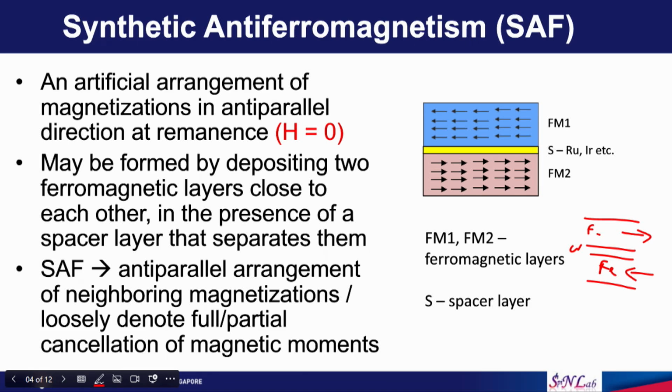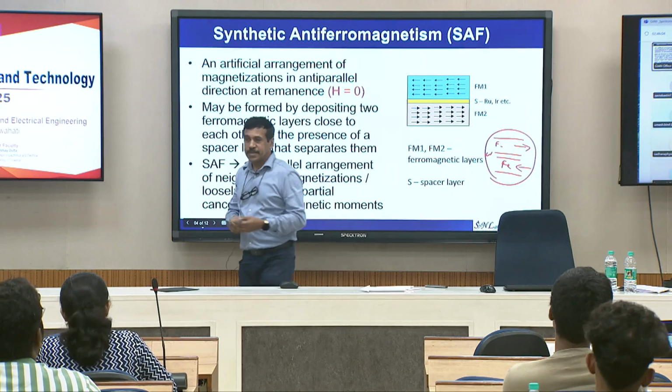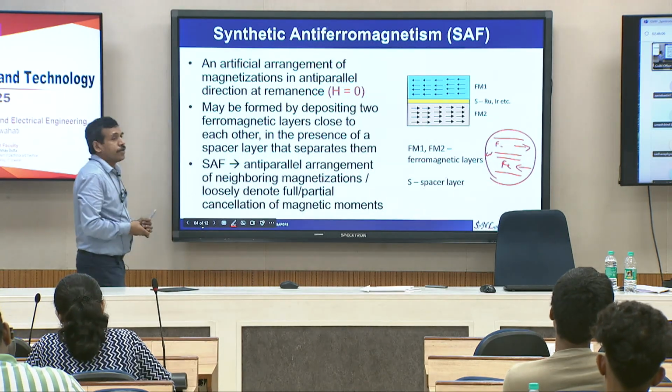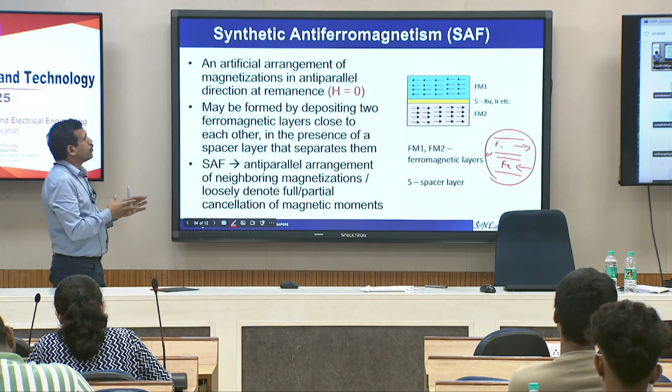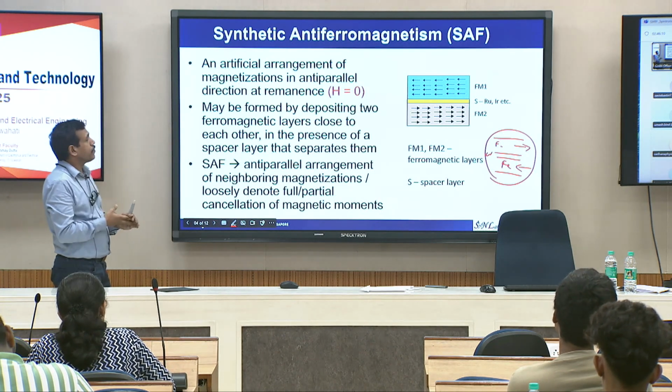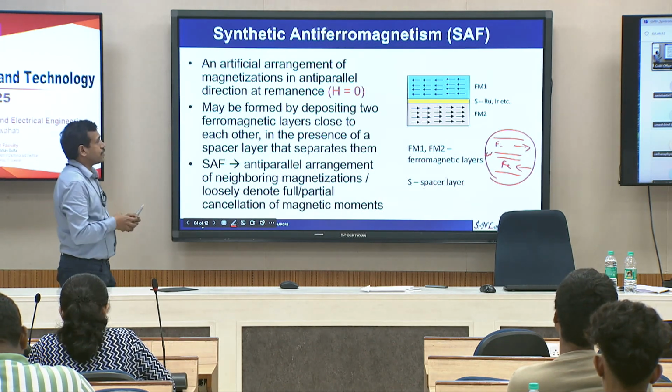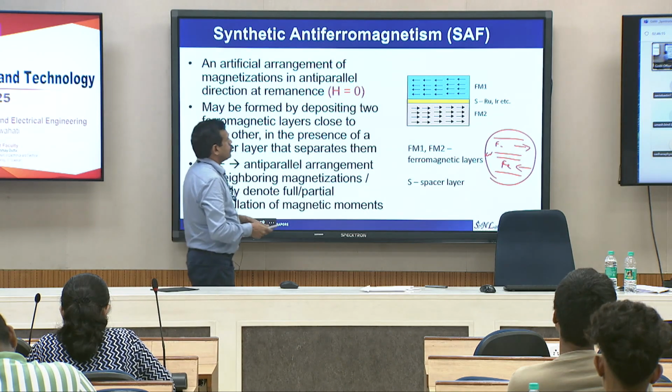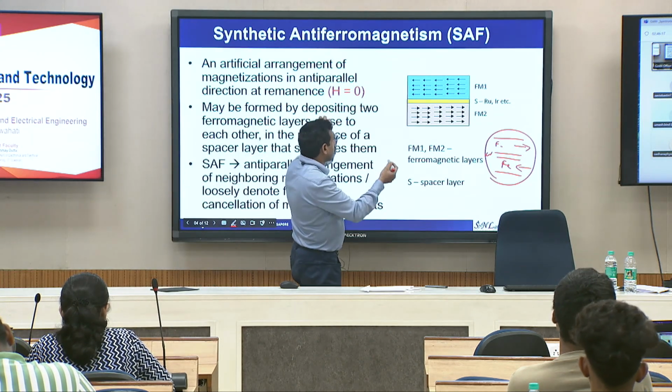So, that is a form of synthetic antiferromagnetism. When we are talking about synthetic antiferromagnetism, we are talking about two or more magnetizations in anti-parallel direction. So, this is different from the antiferromagnetism.